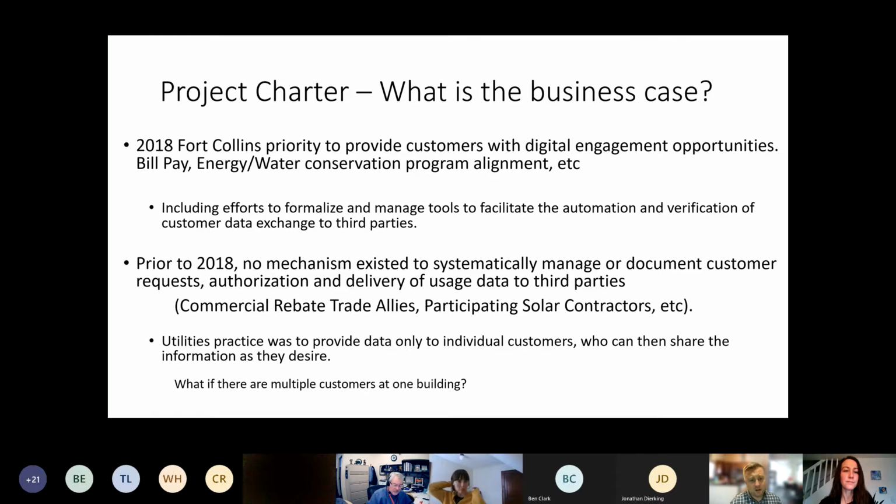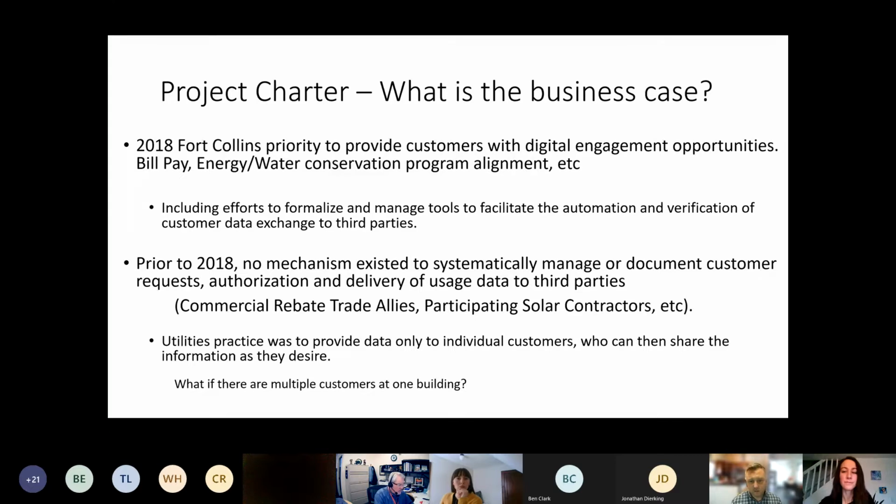We recently launched our My Energy and My Water portal, which are both similar to the O-Power model, but also allow customers access to a green button download. Green button is just a standardized format for getting data. But we also allow individual customers to log in and have access to their interval data.